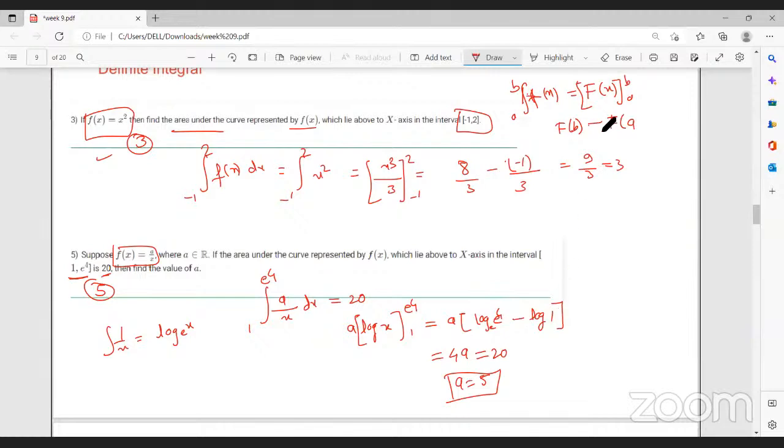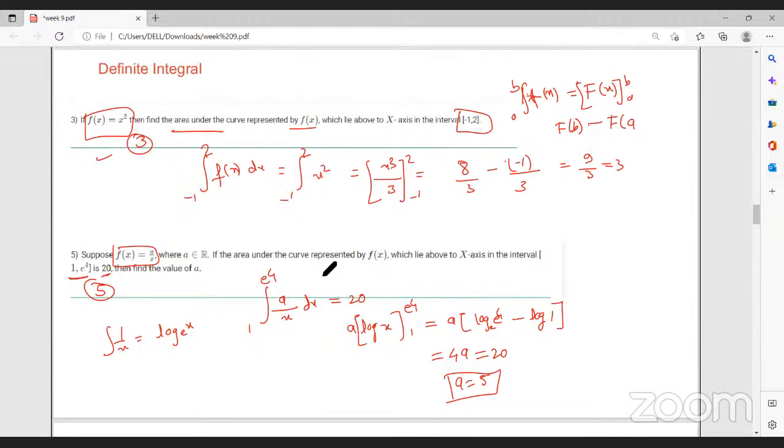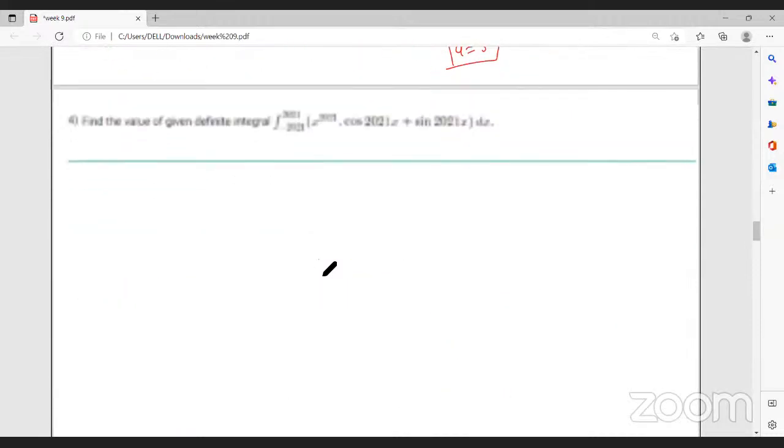It is the same, F of b minus F of a. Now 4 will come outside by the power property, and log e to the base e is 1. Log 1 is 0. So 4a equals 20, that is a equals 5. Any doubt in this one? Simple one.